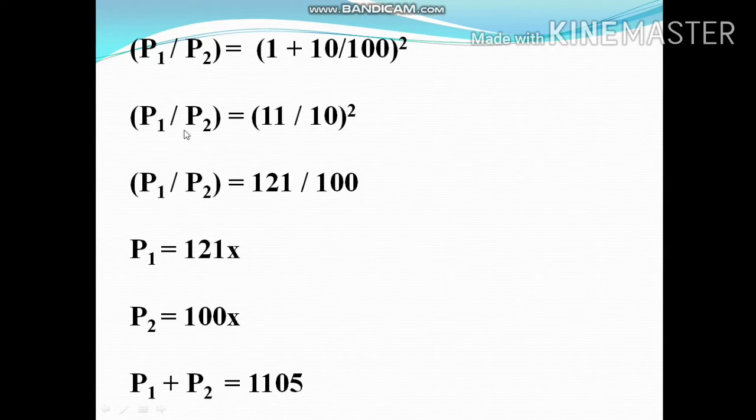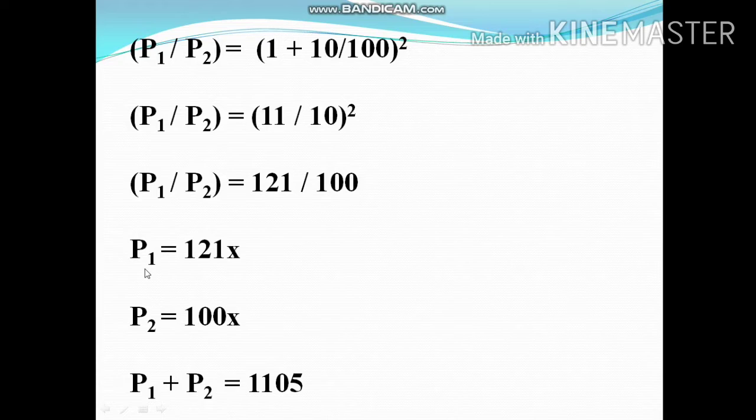So P1 by P2 is equal to (11 by 10) whole square. So P1 by P2 becomes 11 square, that is 121, and 10 square, that is 100. So it becomes 121 by 100.